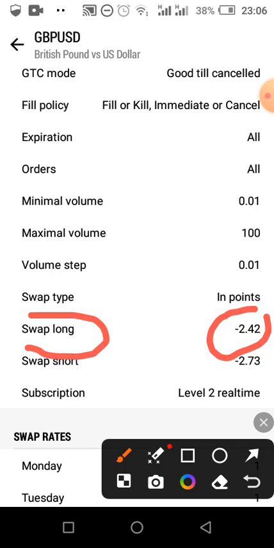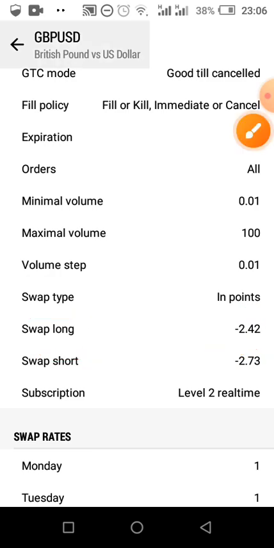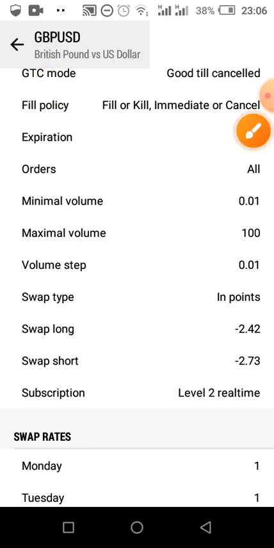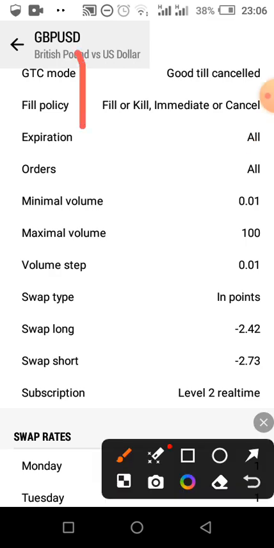And you should also know that for swap fees, when trading currencies, you may actually gain money from swap fees if the base currency, which is the first currency in a currency pair, which is Great British Pound in that case, has a bigger interest rate compared to the second currency in that pair, which is your quote currency.